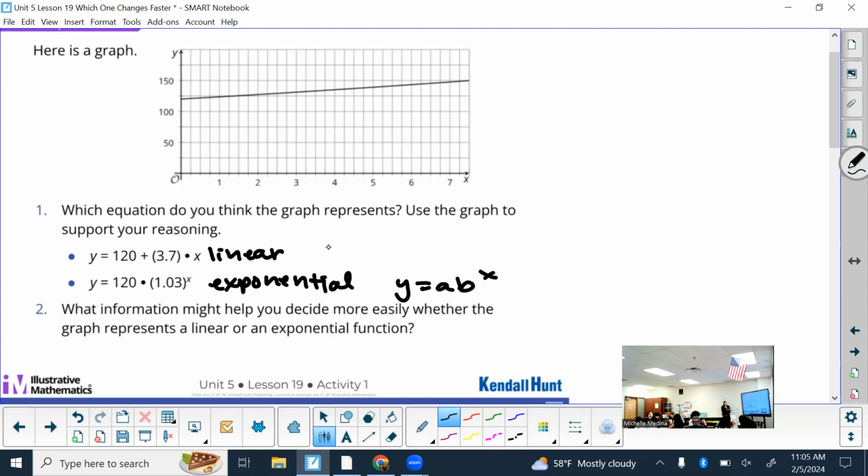And this one also is, even though it might not look perfectly like y equals mx plus b, if I were to simplify and rearrange it into this, y equals 3.7x plus 120, now it looks a bit more like y equals mx plus b, but it is linear. So we can distinguish between the two when they're equations.